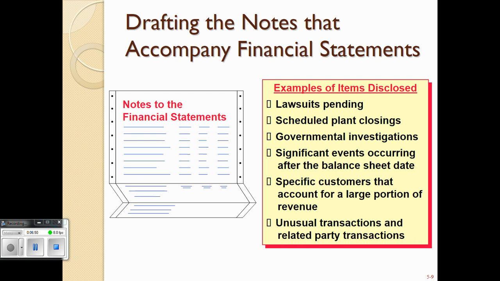If General Motors decides not to buy our spark plugs, we've lost a lot of our sales and a huge customer." It only makes sense to make those types of disclosures in the notes. And finally, you would disclose any unusual transactions that might have occurred.